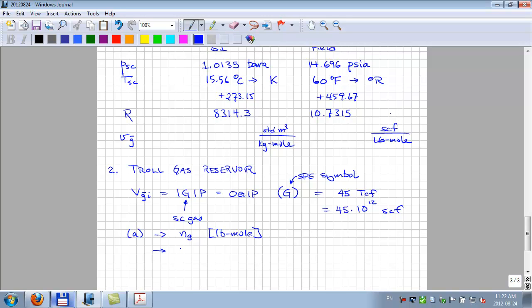Then I want you to convert that to kilogram moles. Then I want you to go to this, what I'm calling basically this G, in standard cubic meters.